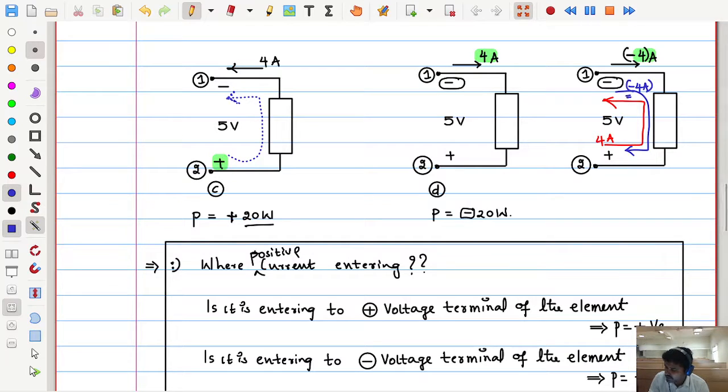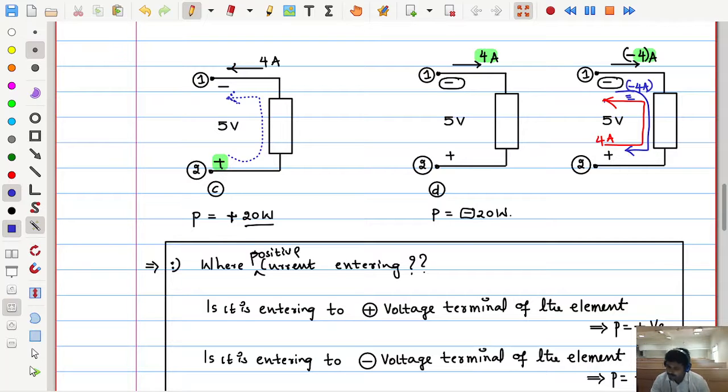It is equivalent to say that in the red colored line direction 4 amperes is flowing in anti-clockwise direction. Minus 4 amperes flowing in clockwise, like this blue color one, is equivalent to 4 amperes flowing in the red color line direction.